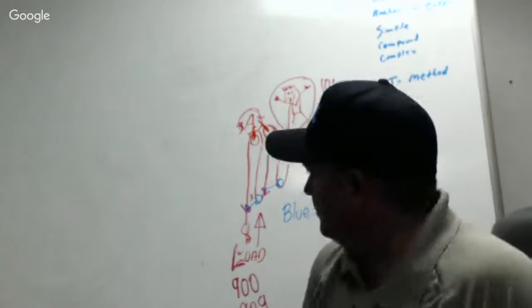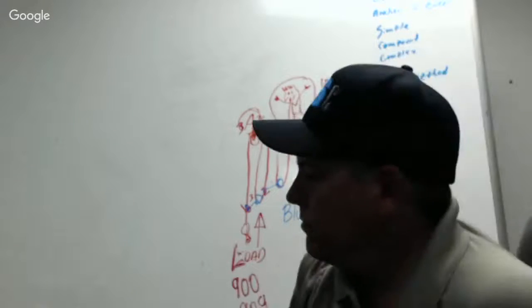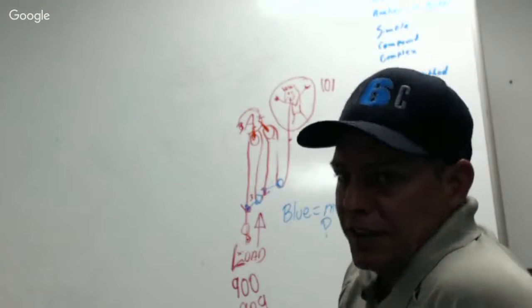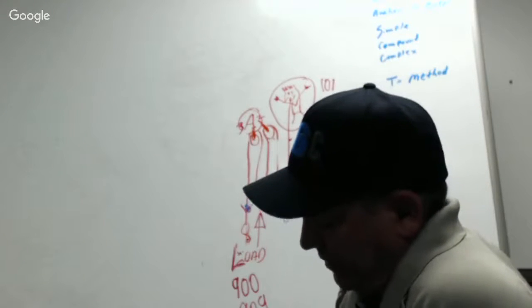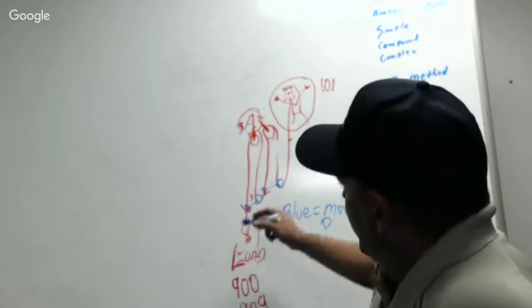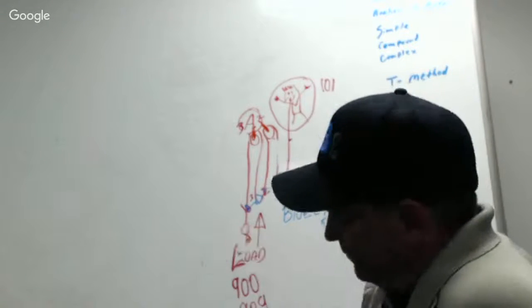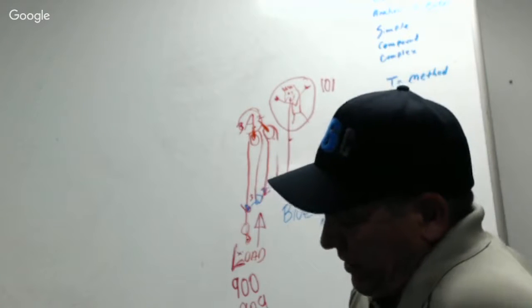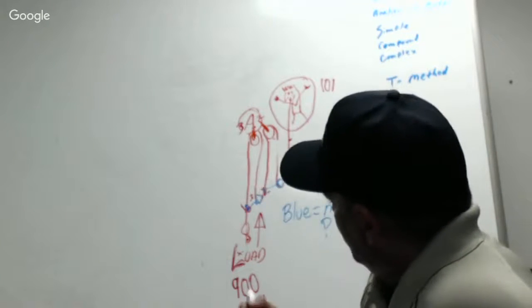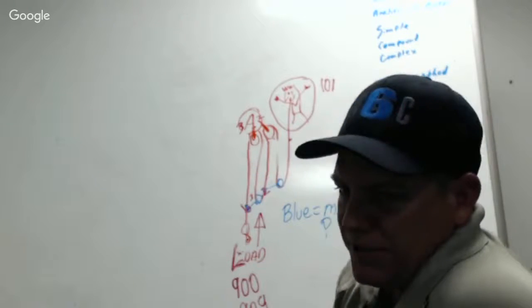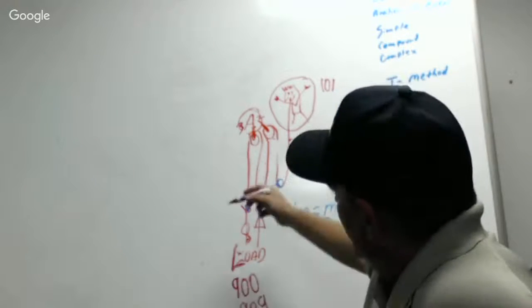All right, so back to the three different types of mechanical systems. You have a simple, a complex, and a compound. Now we have a compound system right here. And when you think of compound, you think of timesing something. So originally when we had a 3-to-1, it was considered a simple system.